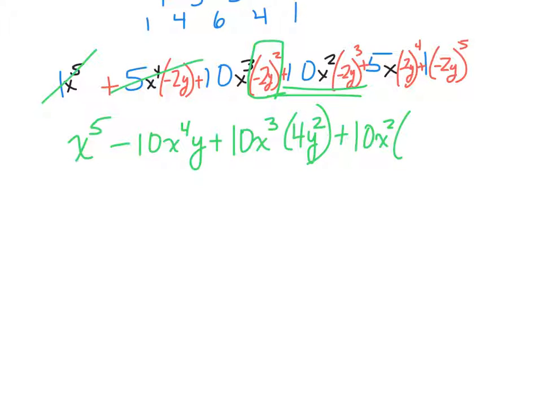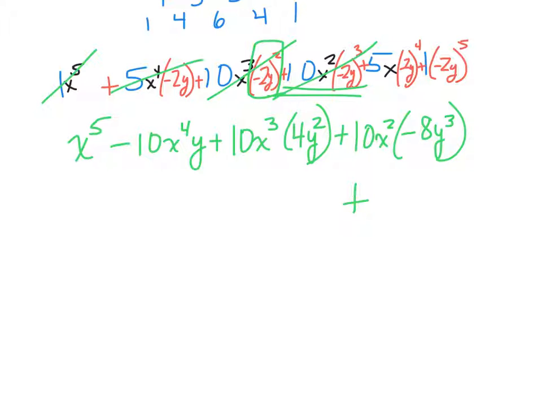Now, negative to an odd power is going to give a negative, and 2y cubed is 8y cubed. So I've done both of those now.